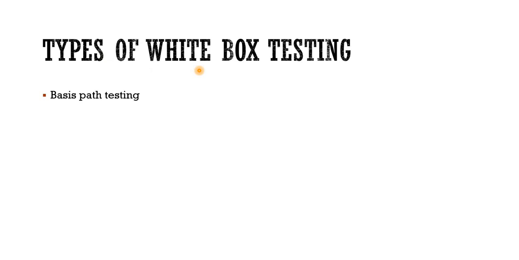There are a lot of types and techniques inside white box testing, but in this video we are going to see basic path testing, one of the types of white box testing.